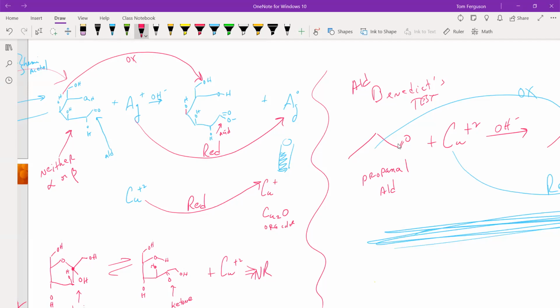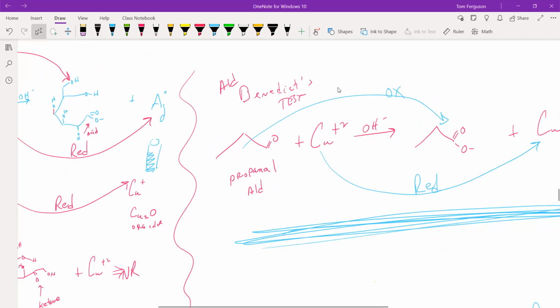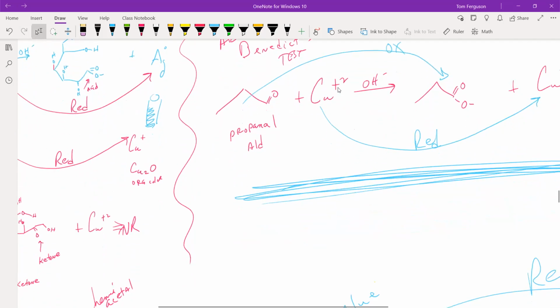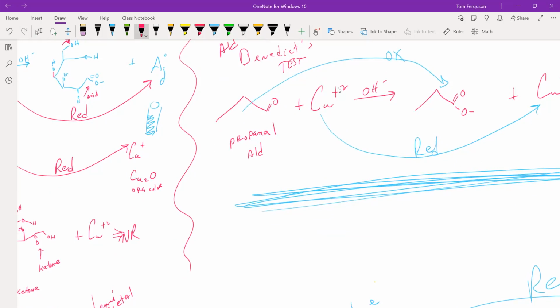And then we can do the same thing if we had silver.